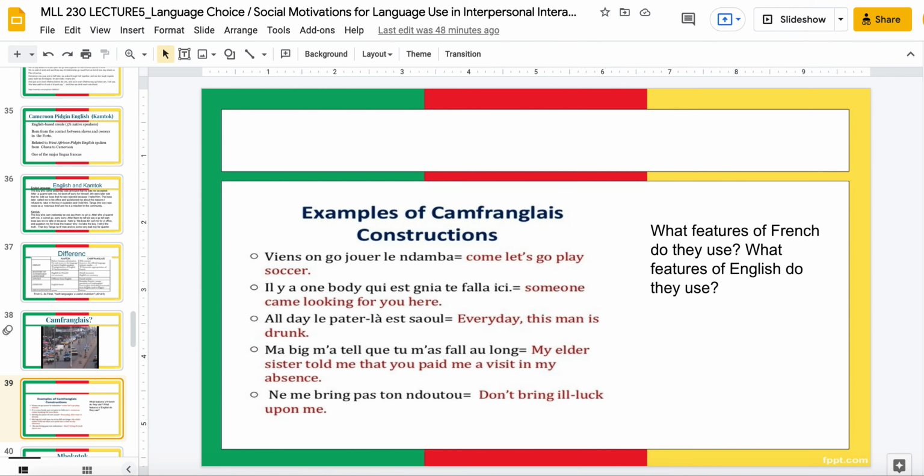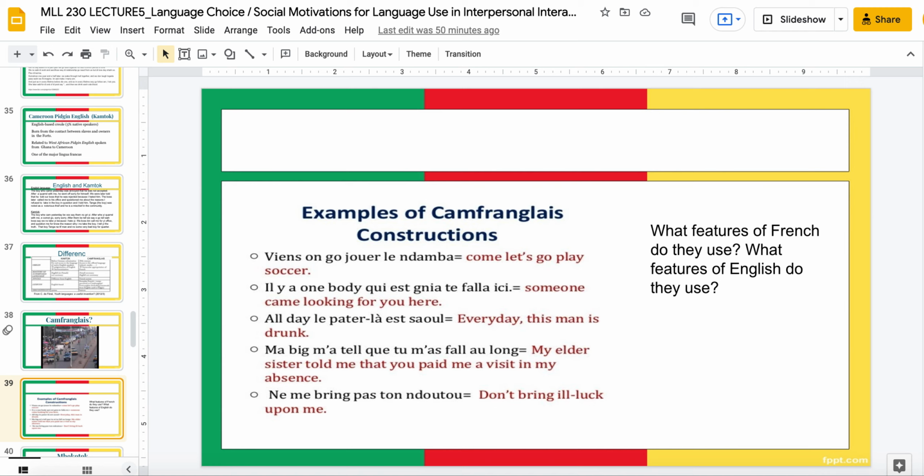So, some features of Franglais, okay. Viens go jouer le damba. Come, let's go play soccer. Il y a one body qui te fala ici. Someone came looking for you here. So again, it's predominantly French.